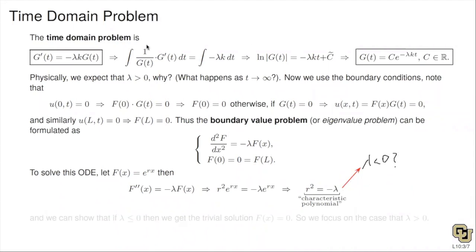Then, what if lambda is equal to 0, and what if lambda is greater than 0? And remember, we're looking for non-trivial answers, right? So in two of these cases, we get trivial solutions.